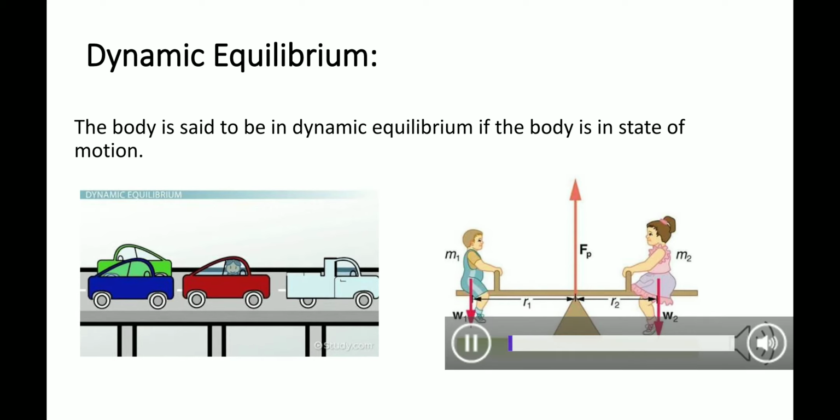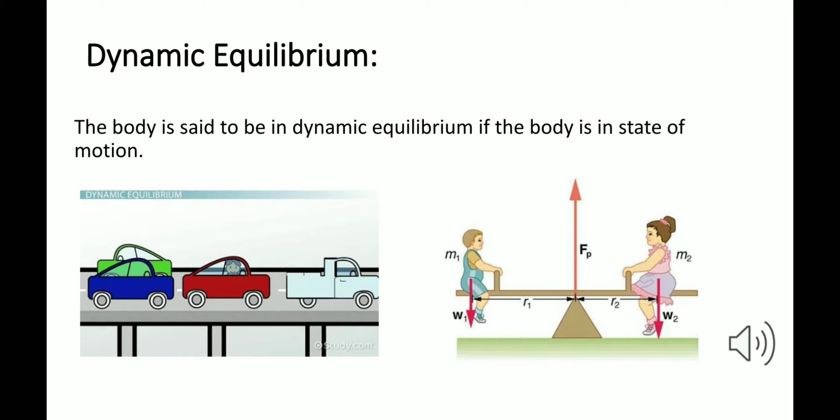Okay, so now you can make out what dynamic equilibrium will be. When the body is in a state of motion and the net force acting on that body is 0, it is known as dynamic equilibrium.